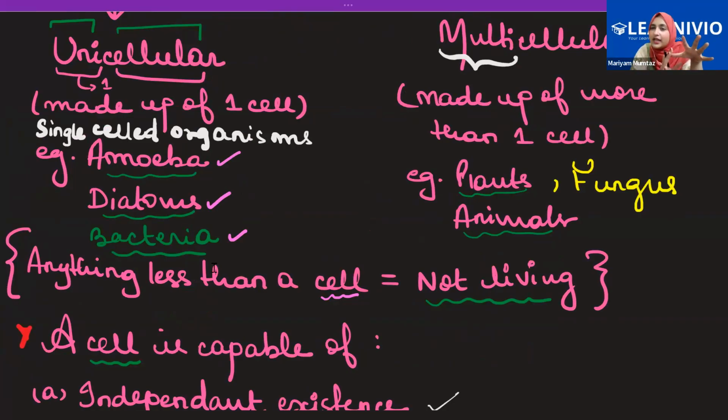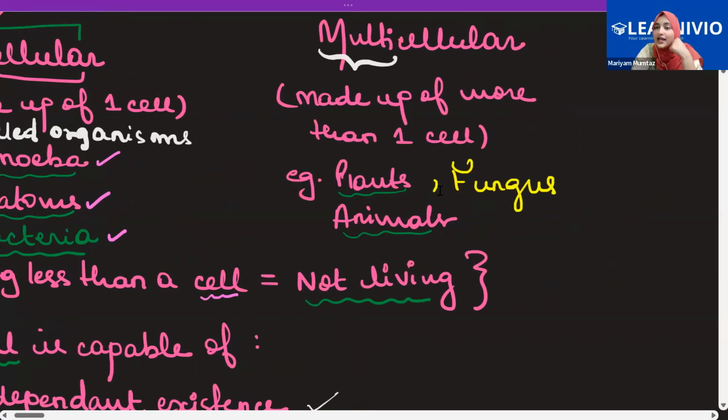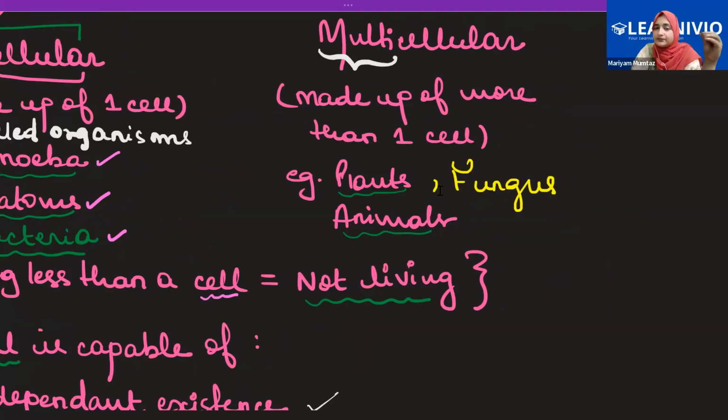Now, unicellular organisms are very simple, very primitive kind of organisms. Whereas multicellular organisms are made up of more than one cell. They have multiple cells in their body, and the cells form groups, and then further grouping happens.